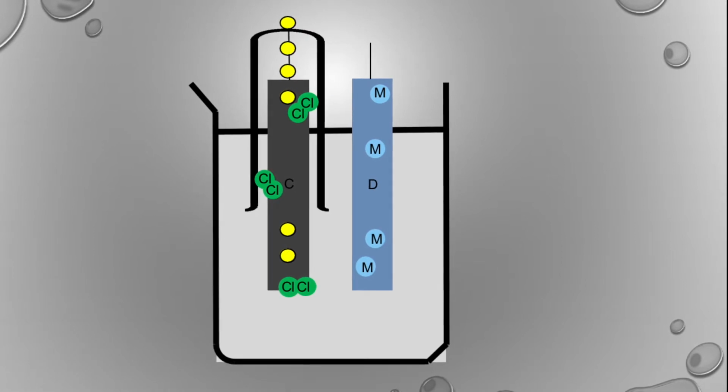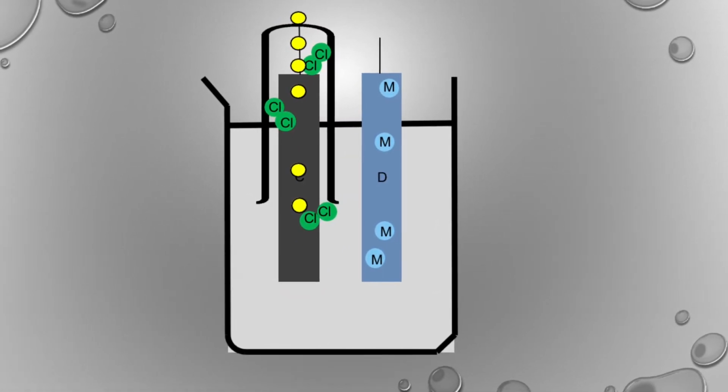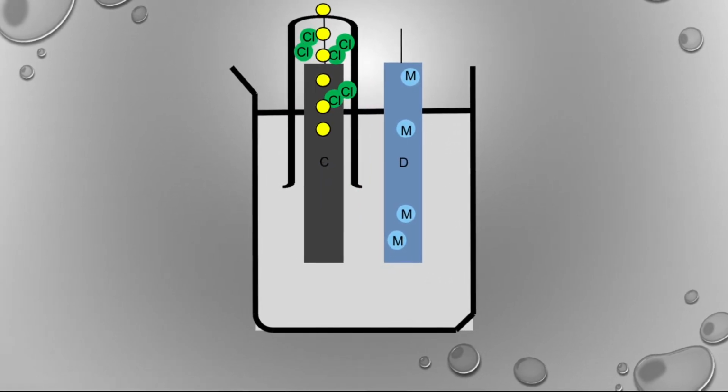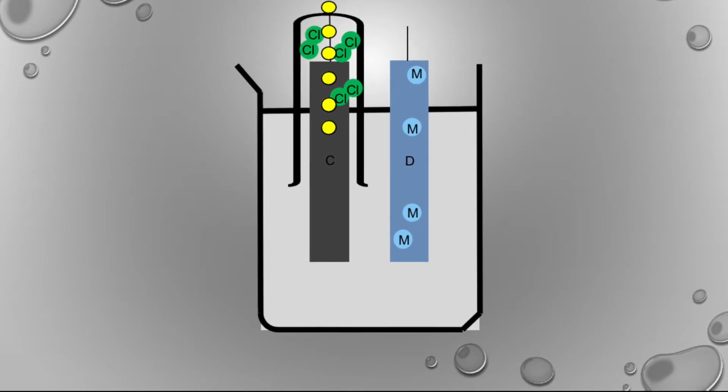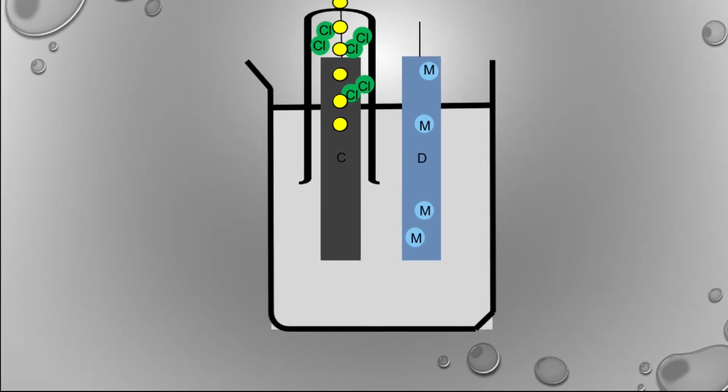Another assumption that we have made is that all the gas would be captured, as well as all the Cl- ions present inside the solution would always be oxidized, thus the very nice balance of 1:1.